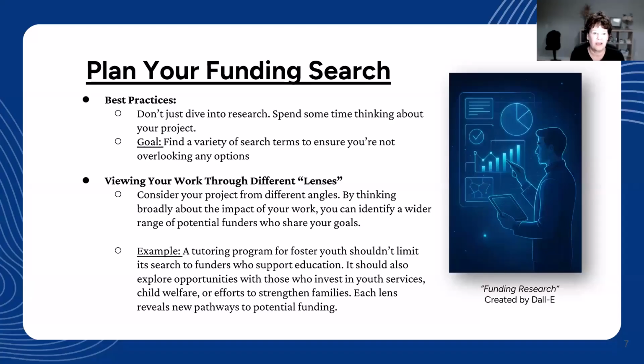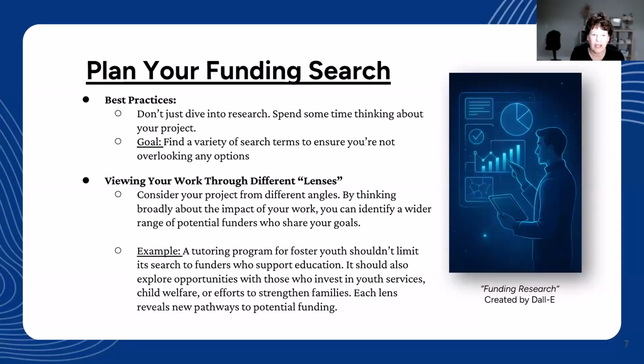So an example of this would be if you do a tutoring program for foster youth, a traditional search term would be to look under education. Yes, I would still do that. But when looking at those projects, there are also other opportunities where people want to support youth, or child welfare, or efforts to strengthen families.